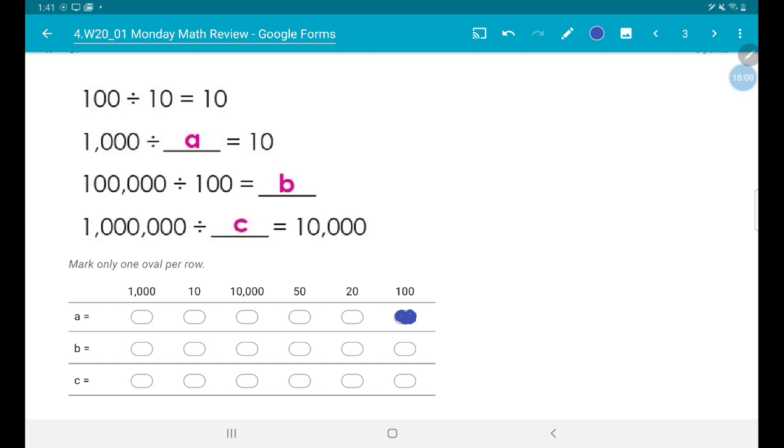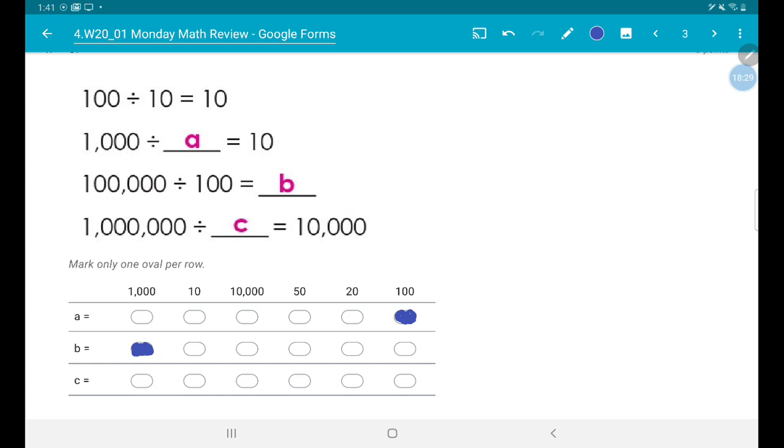I've got 2 zeros to cancel out. That takes 2 of these zeros away. So what am I left with? How many zeros? That is 1,000. B is equal to 1,000.